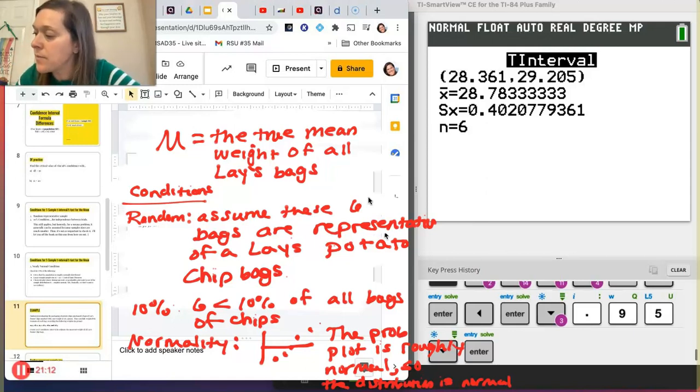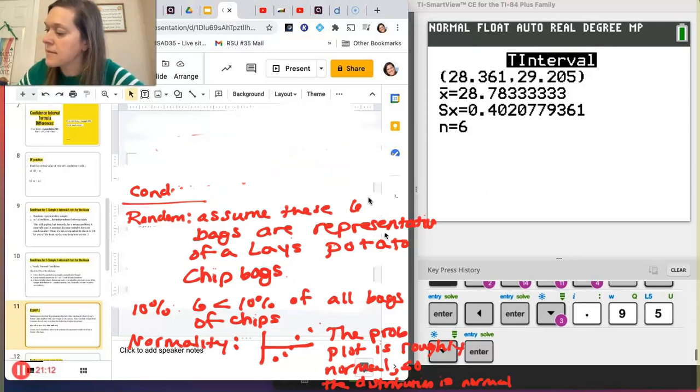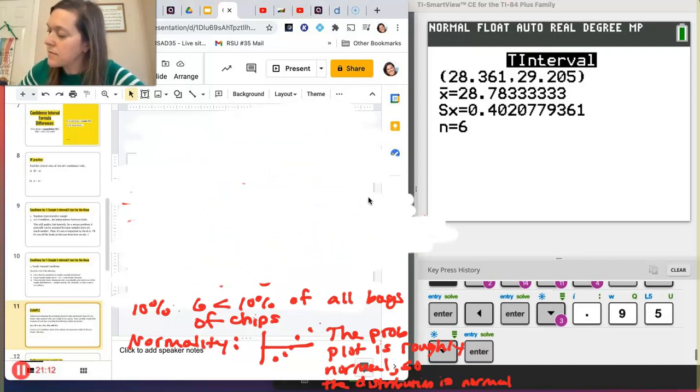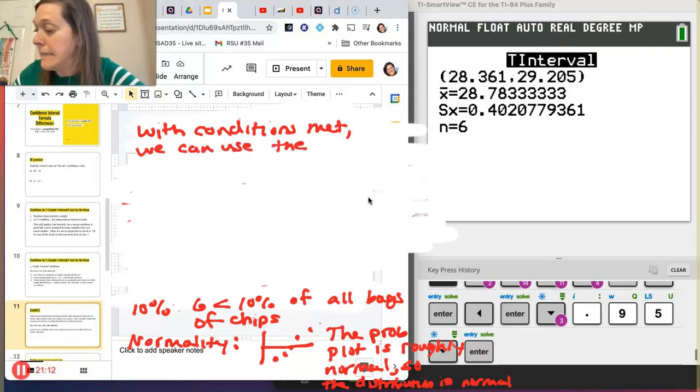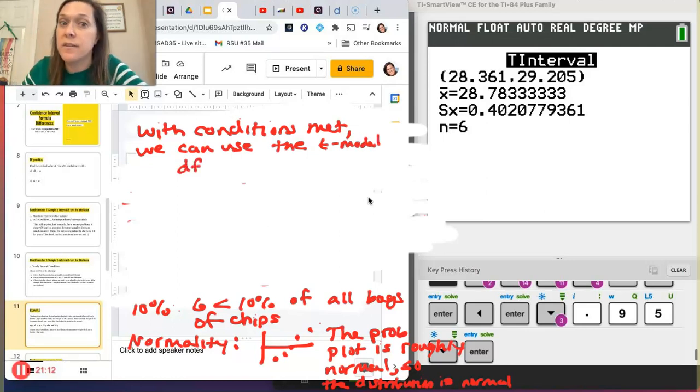Okay, so where do we go from there? With conditions met, we can use the T model, and always attach your degrees of freedom here, because with T models, there's an infinite number of models.